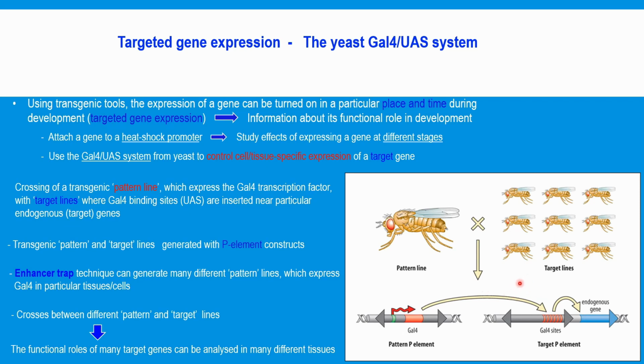There are multiple lines, usually 2 to 3 lines for every gene on average. So we have 14,000 genes. So we're talking about 45,000 RNAi lines that are available. So if you want to study the function of a gene, you can get those RNAi lines and get a Gal4 to look at that is expressed in a certain time or place, and look at the function of your gene at that time and place, for example.